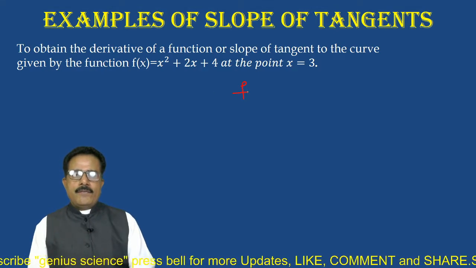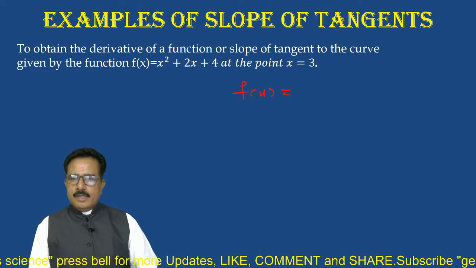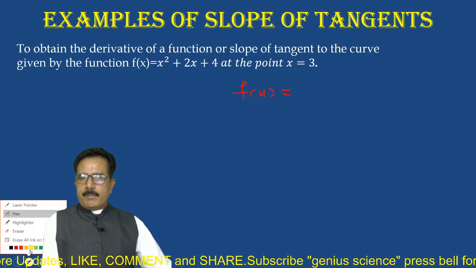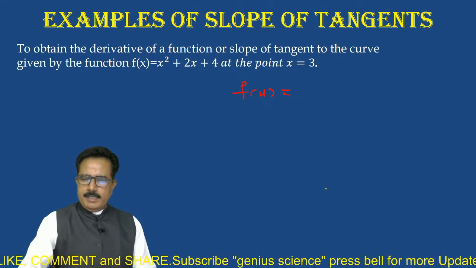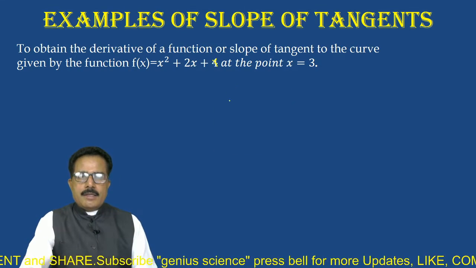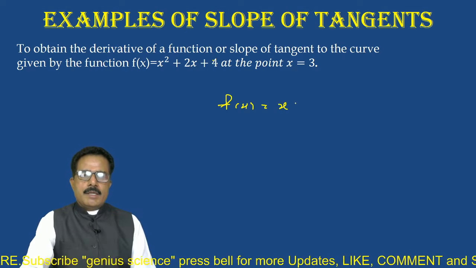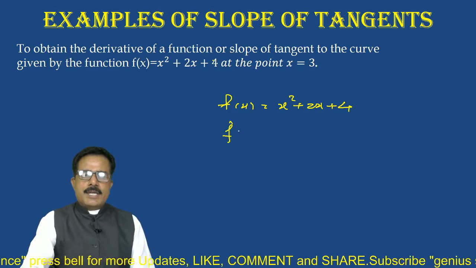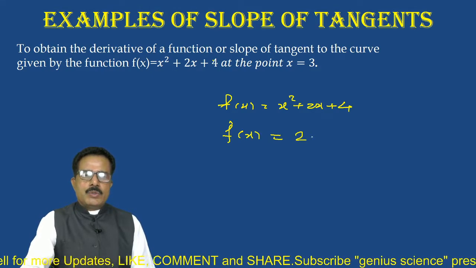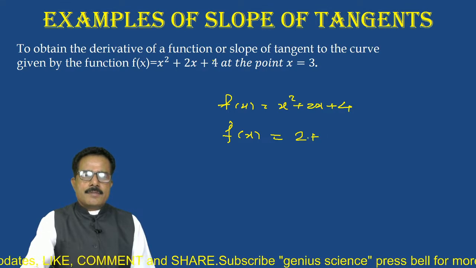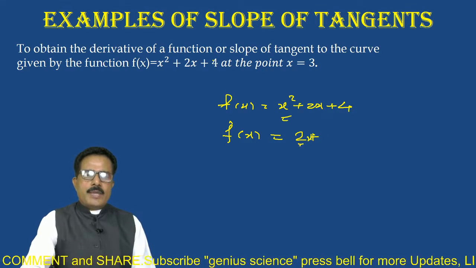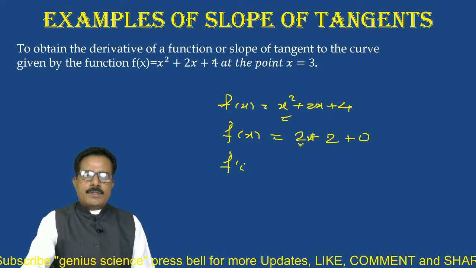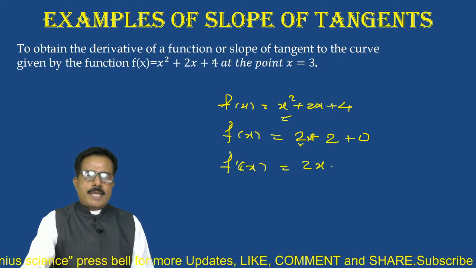Suppose f of x equals x square plus 2x plus 4, then its differentiation f dash of x is equal to 2x, derivative of x square is 2x, plus 2, plus derivative of 4 is 0, means f dash of x equals 2x plus 2.